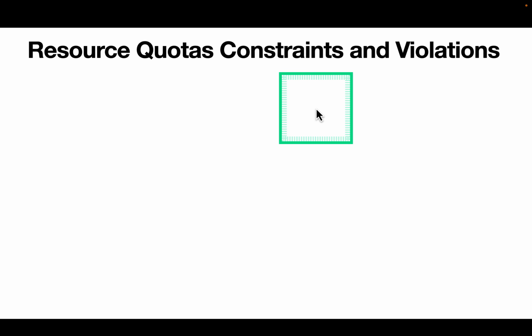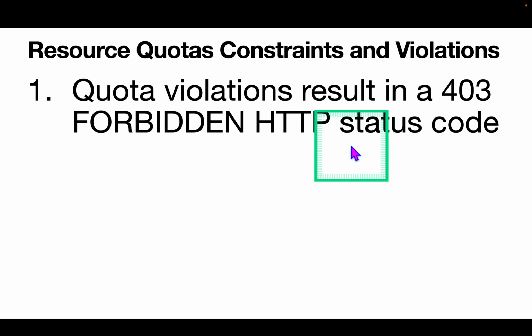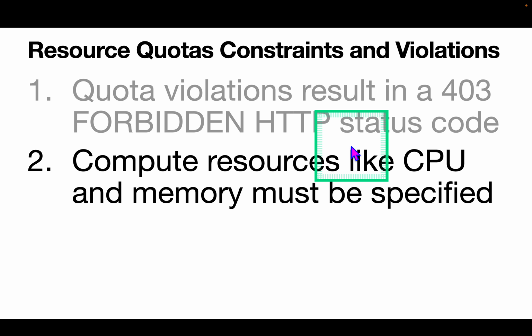So, resource quota constraints and violations. If a resource quota constraint is violated, the request will fail with HTTP status code 403 Forbidden, along with a message. The message will explain the violated constraints.